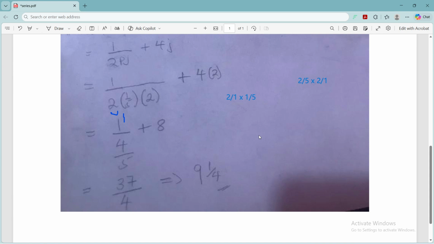So 1 over 9 plus 8. 8 is divisible by 1, right? So we are going to have 1 over 9 plus 8 over 1, for us to get 1 times 1 plus 9 times 8, all over 9, right?